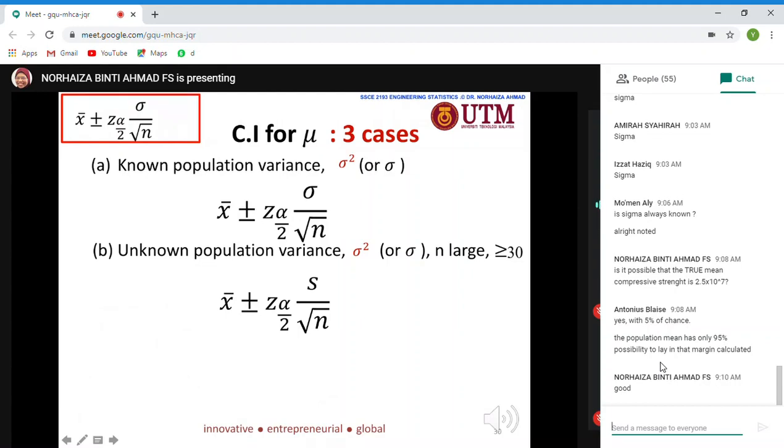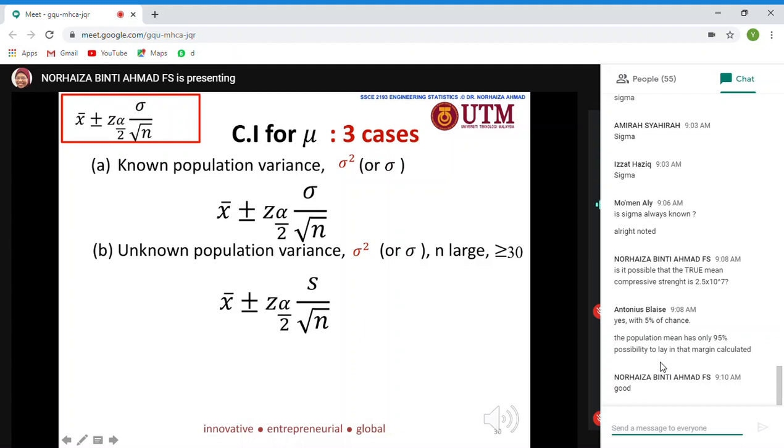So this is the best value to estimate your sigma. You replace it with S, and because n is large, you can still use the Z distribution for the interval.